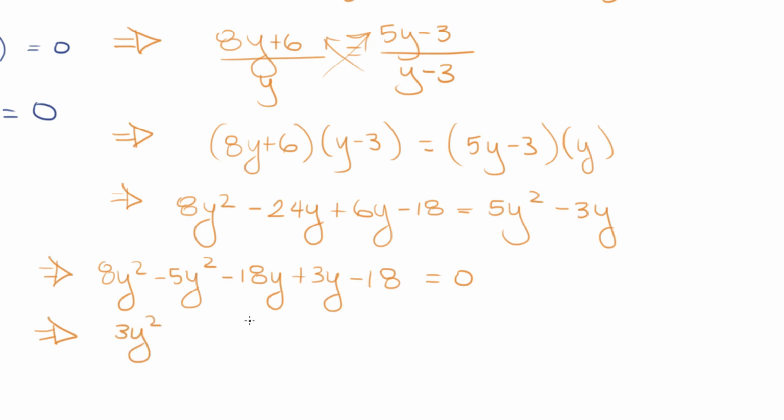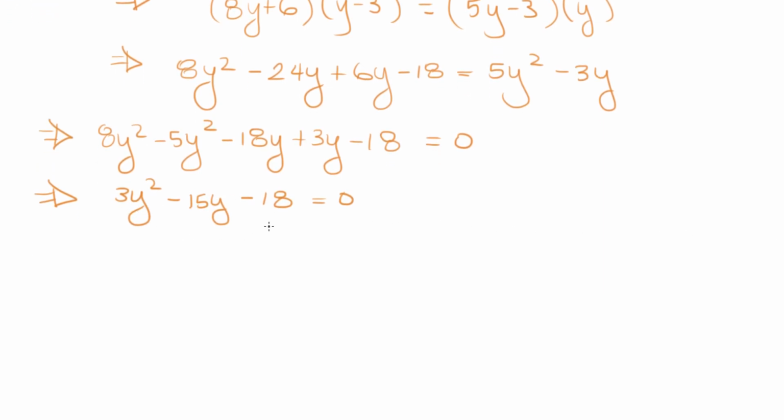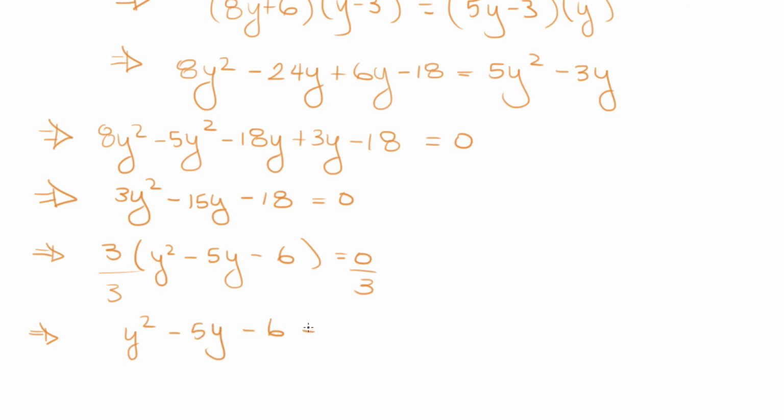Negative 18y plus 3y is negative 15y. And then minus 18 equal to 0. Now, curiously enough, we can factor a 3 out of everything. We can divide the 3 on both sides. And you have y squared minus 5y minus 6 equal to 0. 3 over 3 is 1, so you're left with y squared minus 5y minus 6. And 0 divided by 3 is 0.